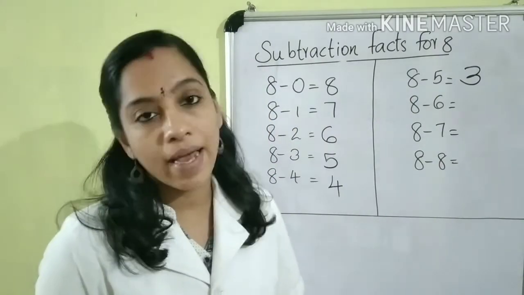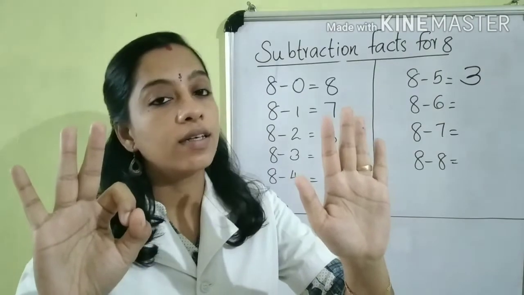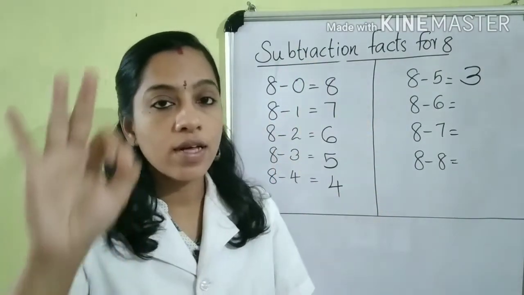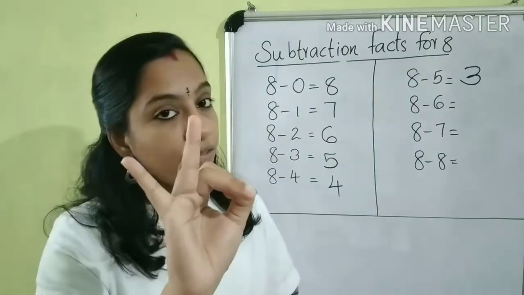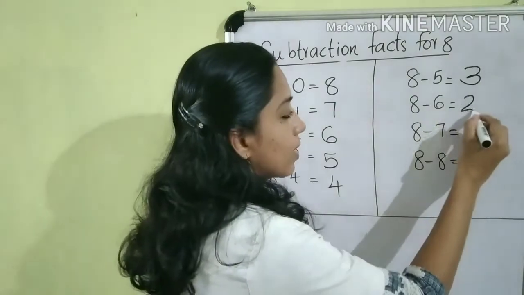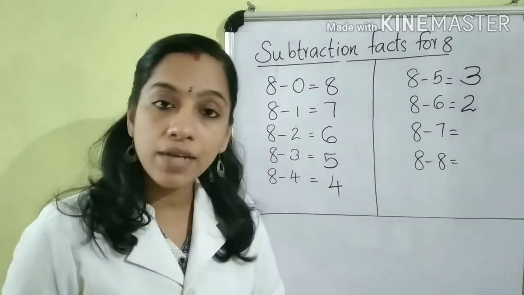Next, 8 minus 6. Take 8 fingers, fold 6 fingers. 1, 2, 3, 4, 5, 6. How many fingers are left? 2 fingers. So we can write here 2. That is 8 minus 6 is equal to 2. Next, 8 minus 7.